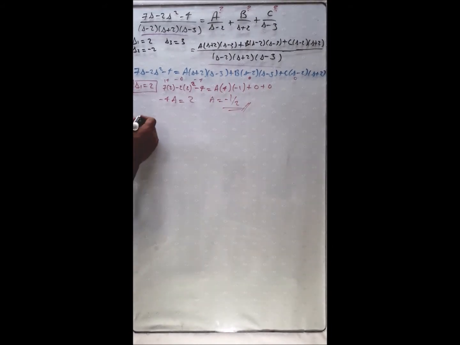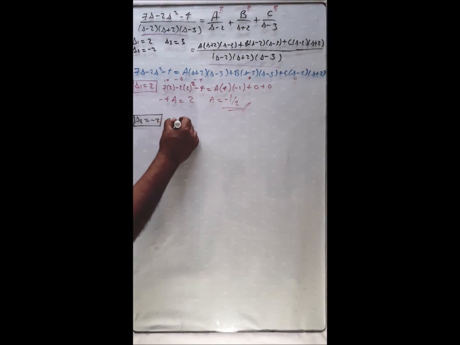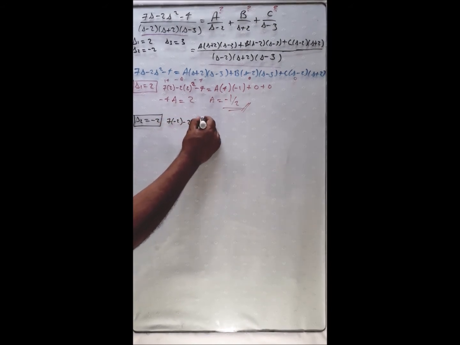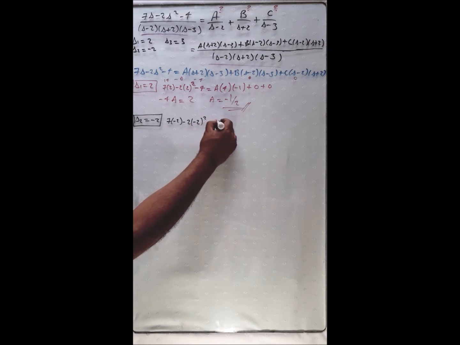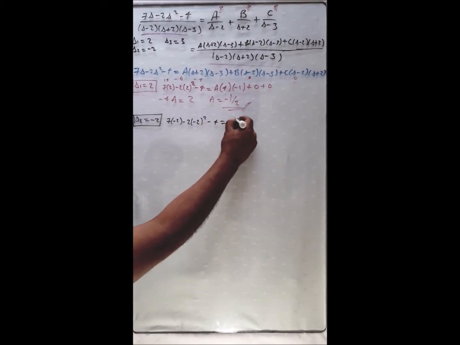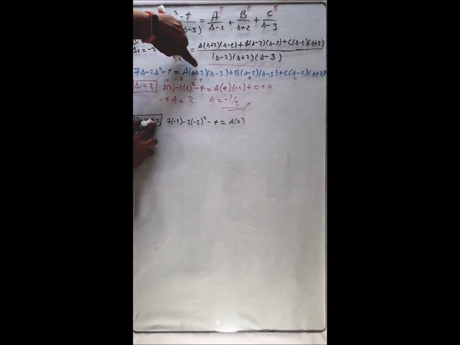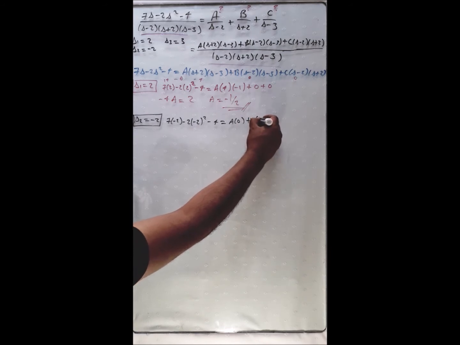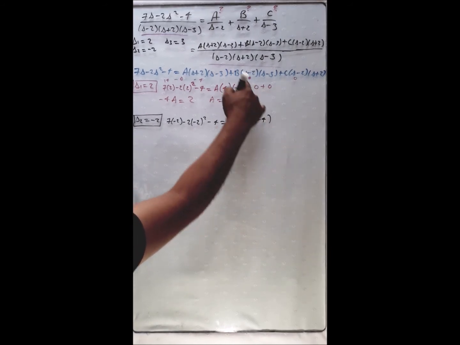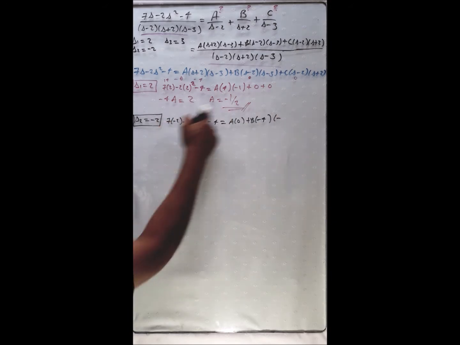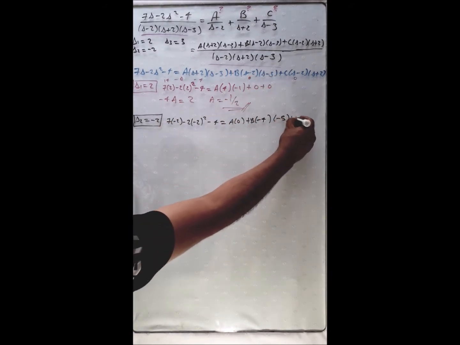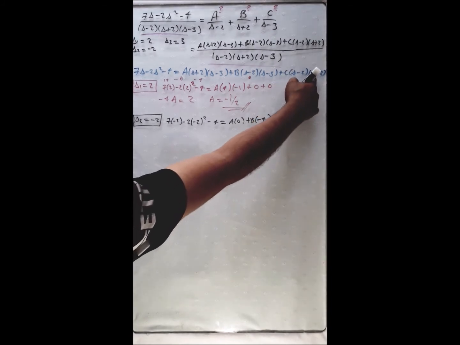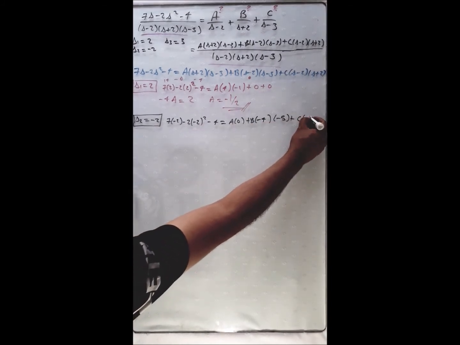Okay, now let's choose the other root, s2 equal to minus 2. What happens in this case? You replace here 7 times minus 2, minus 2 times minus 2 squared, and then minus 4, equal to A times 0, because minus 2 plus 2 becomes 0, plus B times (minus 2 minus 2), minus 4 here, and then (minus 2 minus 3), minus 5 here, plus the value of C. Here it is going to be 0, minus 2 plus 2, 0.